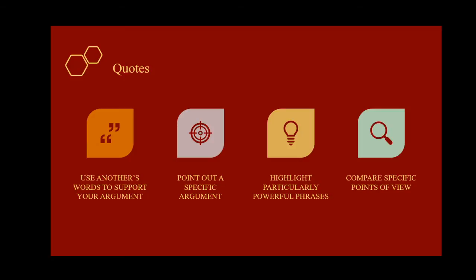Now, there are times where you want to point out particularly powerful phrases. Another powerful phrase is John F. Kennedy, when he speaks about how the government works for the people, not the people for the government. He made that very clearly.